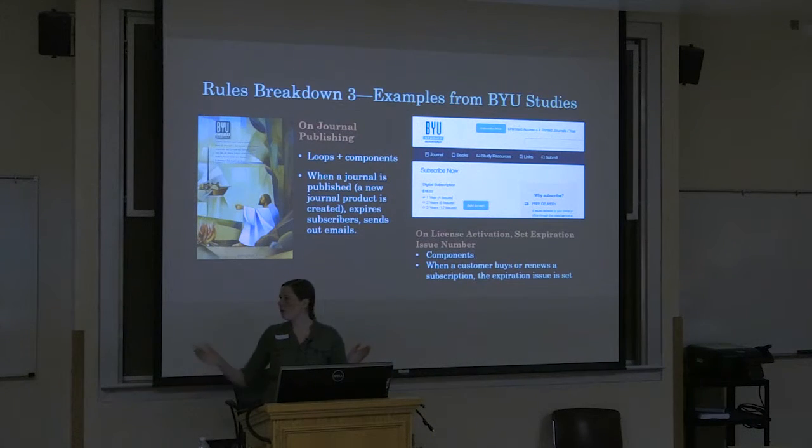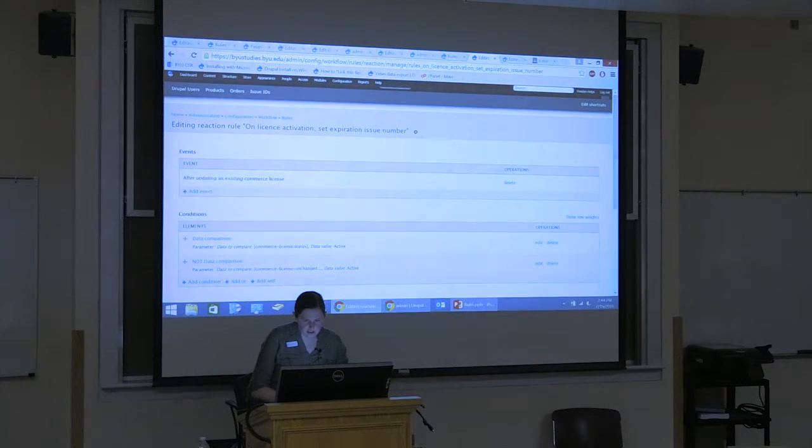So it will go through and check, and if the user has a particular issue number matching the journal that we just published, it will expire that subscriber. And then we will also send out emails for those who are going to be expiring soon.